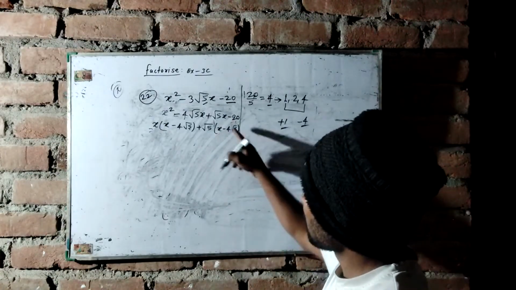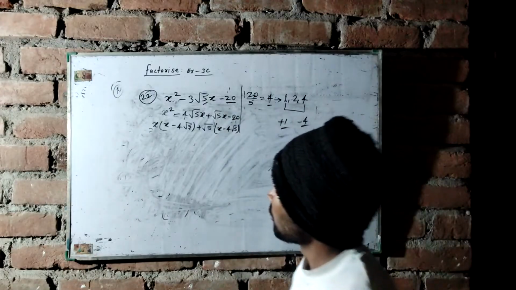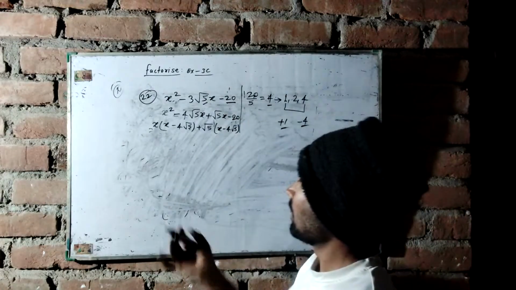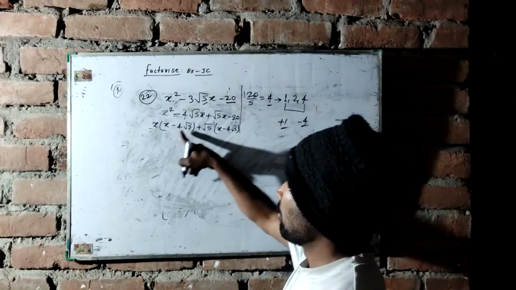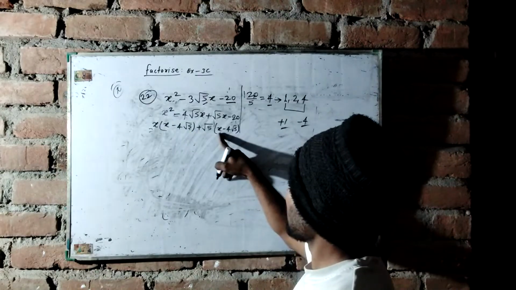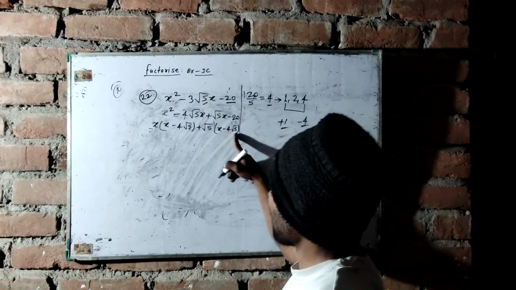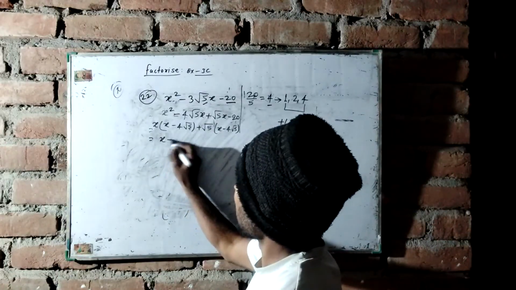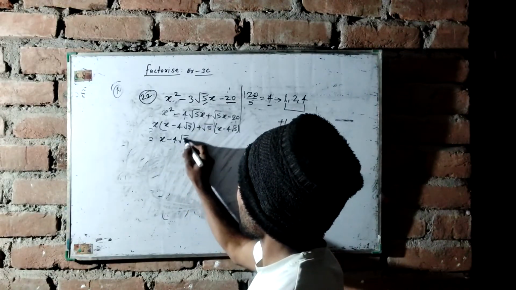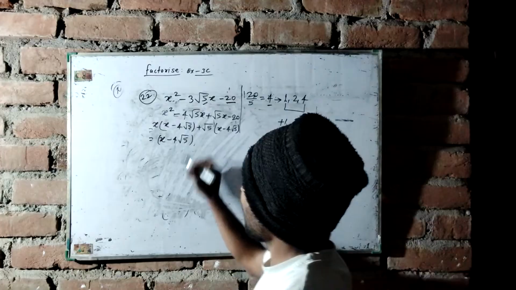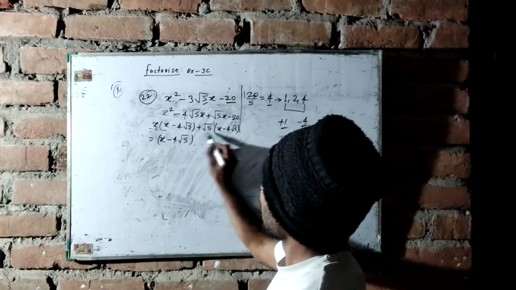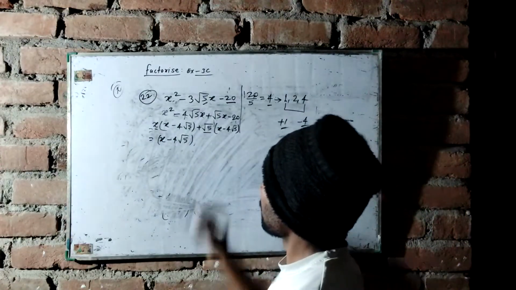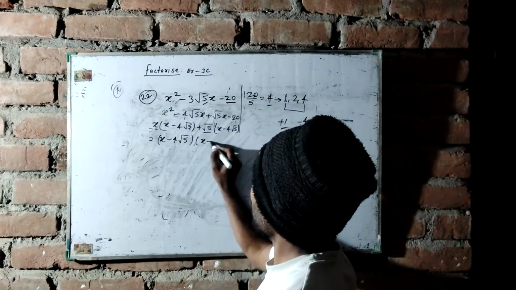So this satisfies this. So now you can see clearly x minus 4 under root 5 and x minus 4 under root 5 are present in both terms. So we can take x minus 4 under root 5 as a common and x plus under root 5 as a multiple.